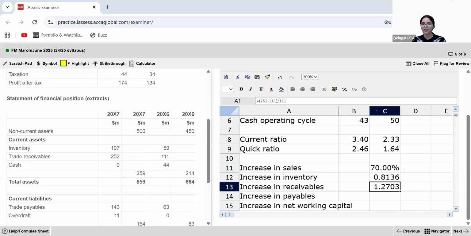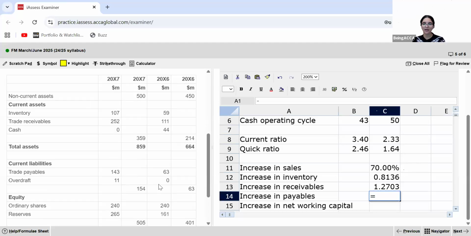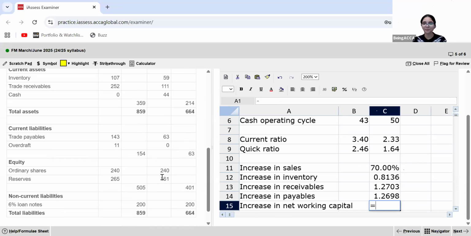All right. Then the next thing you have to do is about the payables. Payables are 143 minus 63, divided by 63. So this is the increase in our payables. Now my net working capital is basically how much in total did I have earlier? My apologies.